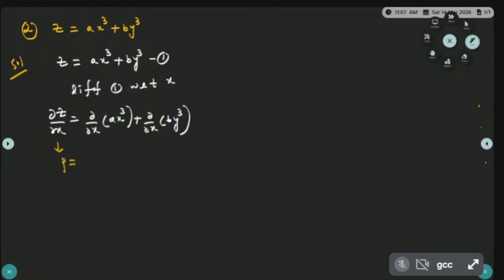What is outside? A. Differentiation of x cube.